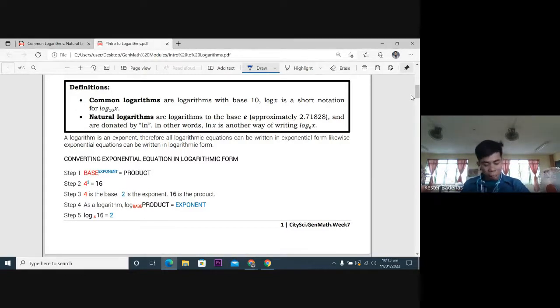When we have a logarithm class with base 10, it means it is a common logarithm. And we don't need to denote the base 10 explicitly.